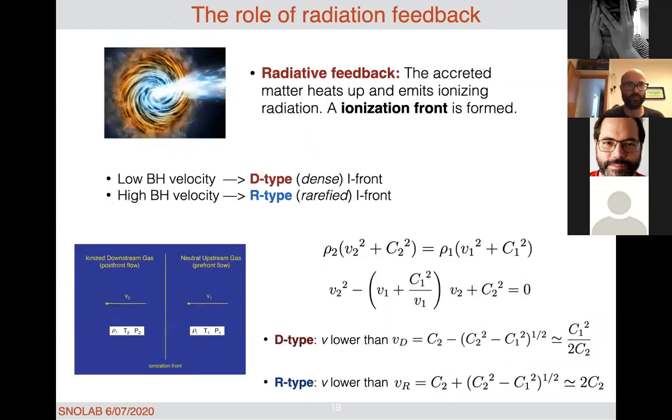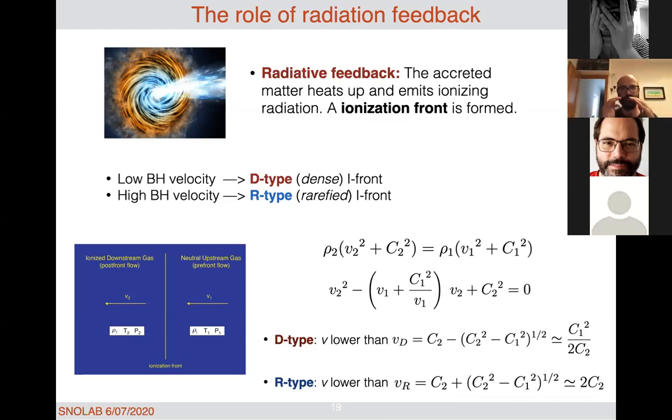But actually, you can do better than this. What we did is study this problem in a more complex way, using up-to-date numerical simulations that take into account more physics and more effects. In particular, they take into account the fact that when matter is accreted onto a black hole, there is a phenomenon of radiative feedback. Matter is heated up when accreted onto the black hole and in turn emits radiation, which ionizes the surrounding medium.